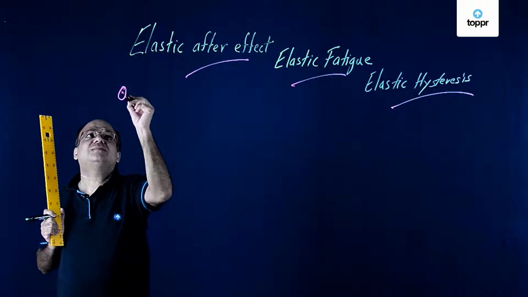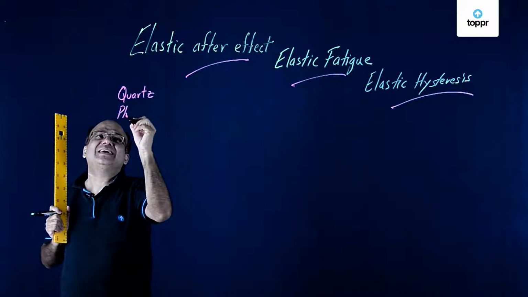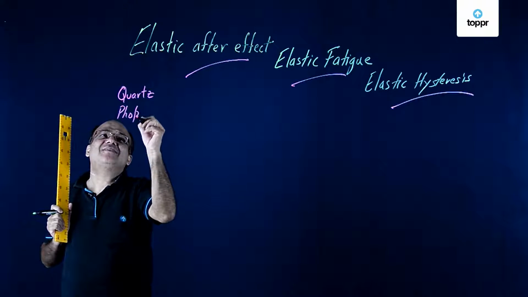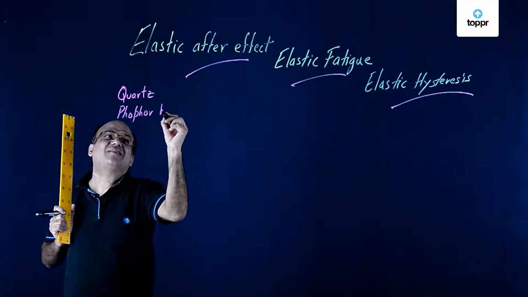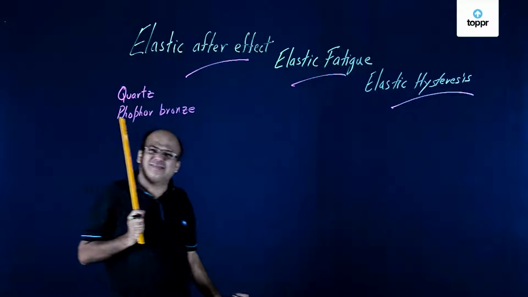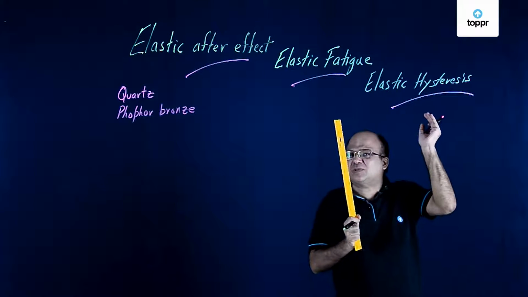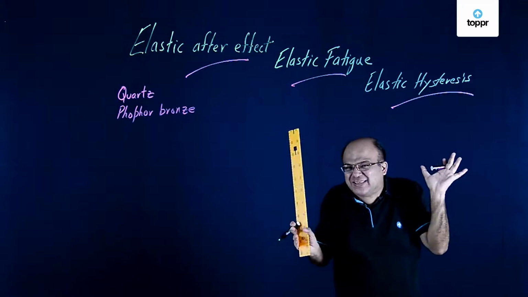Quartz and phosphor bronze, they have got very low elastic after effect. That's why they are used in galvanometers. You deform them, they come back to the original state very quickly.